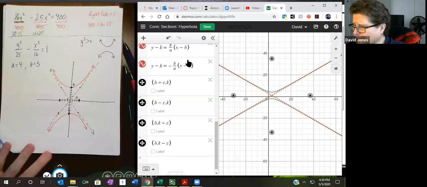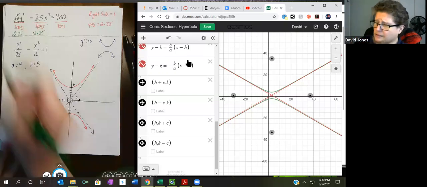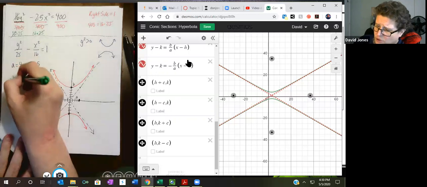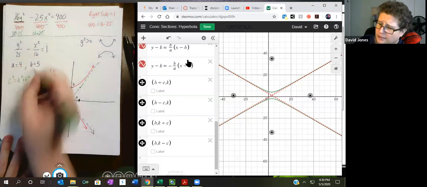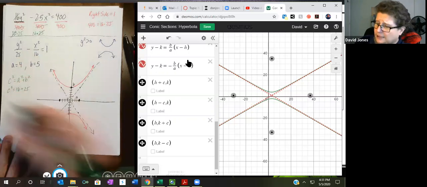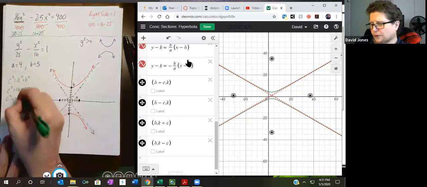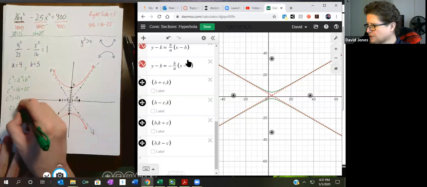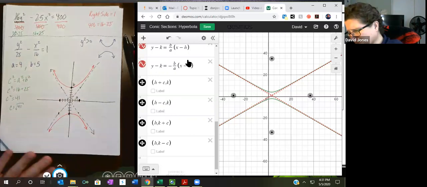We can find our foci. C squared is a squared plus b squared, which is 16 plus 25. C squared equals 41. C equals the square root of 41. Let's see, square root of 36 is 6, square root of 49 is 7.